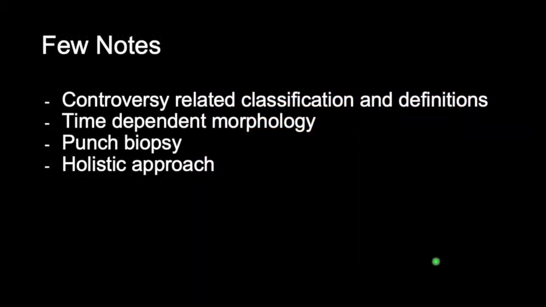So just a few notes about this pattern, because when you read the literature, there is a lot of discussion about classification and definitions. So it is a little bit complicated topic if you want to approach it holistically and try to understand the mechanisms, but also try to understand morphology.